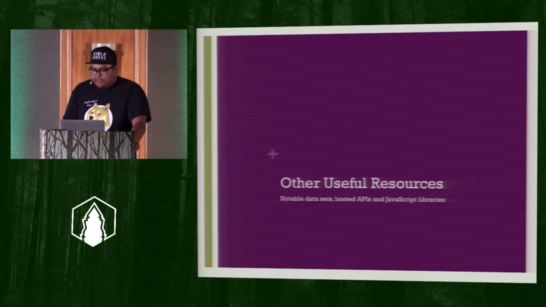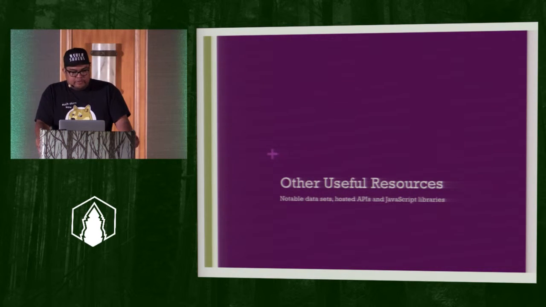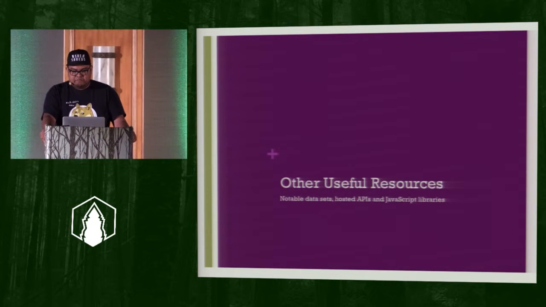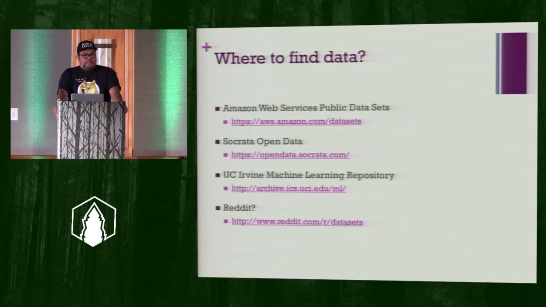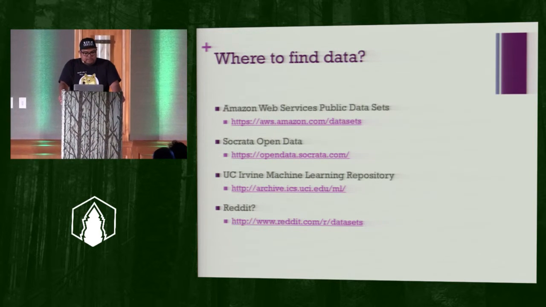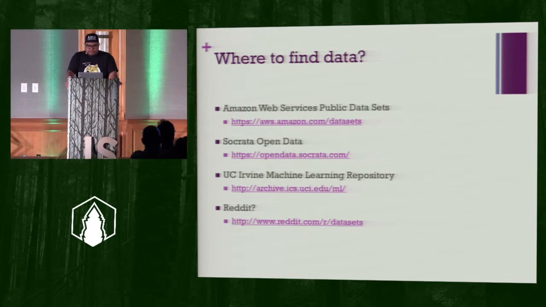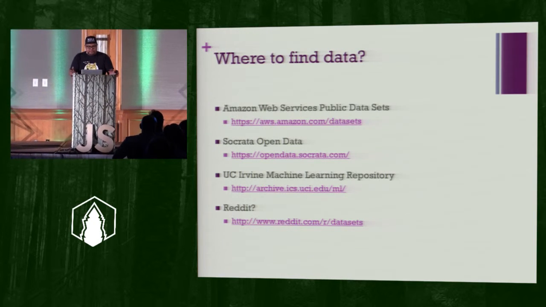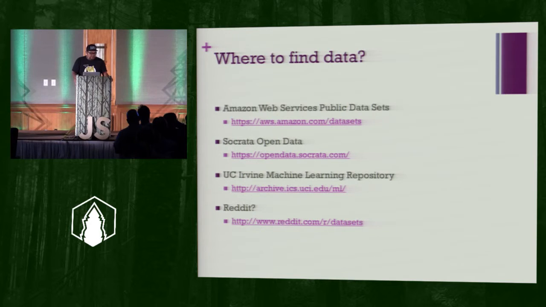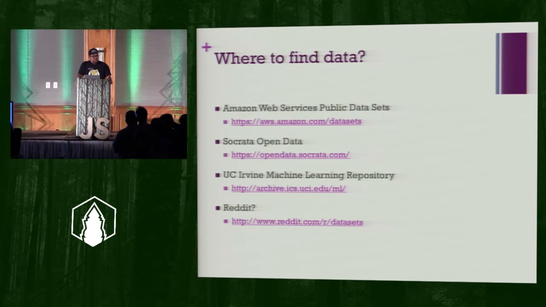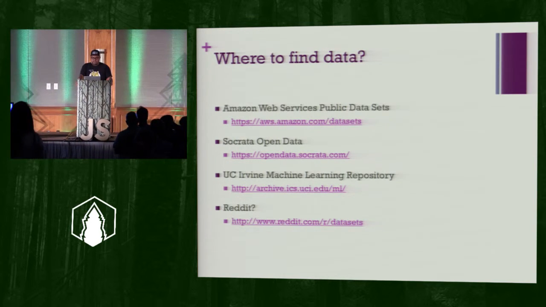All right, and lastly, I'll quickly go over some other resources you might be interested in for folks that want to play around in machine learning, because it's not that scary, and there's a lot of resources out there to help you. So first off, where do I find data, right? Well, there's a lot of data out there, but unfortunately there isn't a single place to go find this data. If your application has information, that seems to be the most relevant place to get your data.